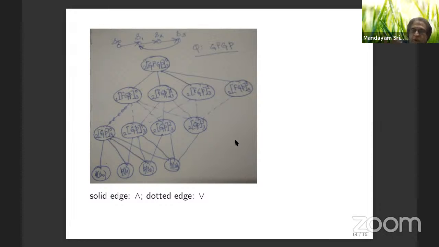A disjunction or a conjunction of k sub variables, or at the end you will have these atomic predicates, okay? So that's how you will have to translate.